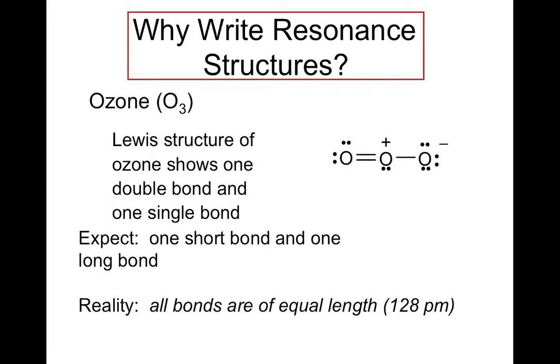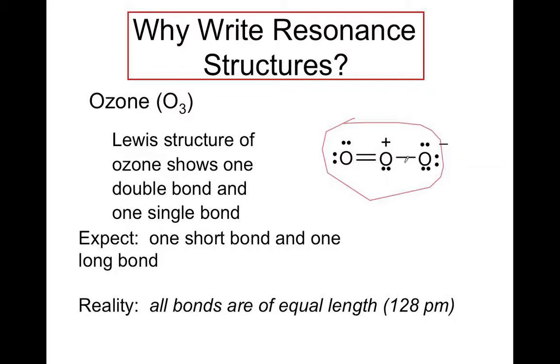Take, for example, ozone. This Lewis structure over on the right indicates that one oxygen contains 2 lone pairs, one oxygen contains a lone pair and a formal positive charge, and one oxygen contains 3 lone pairs and a formal negative charge. Moreover, we have a double bond on the left side and a single bond on the right.